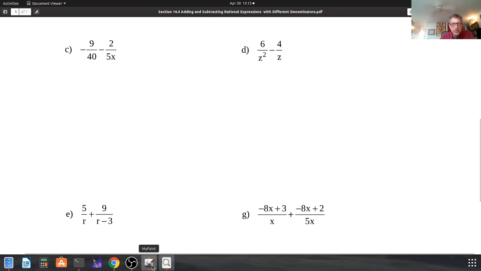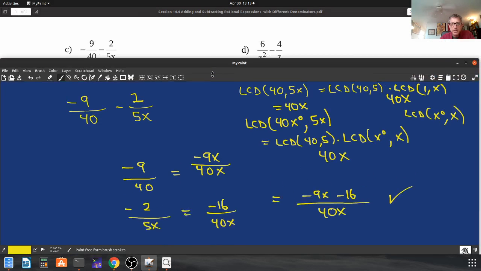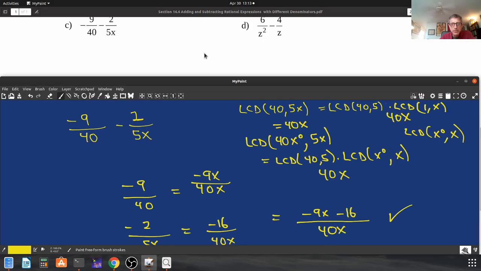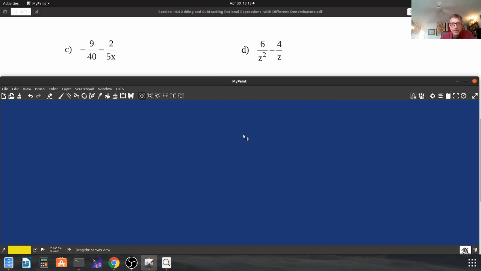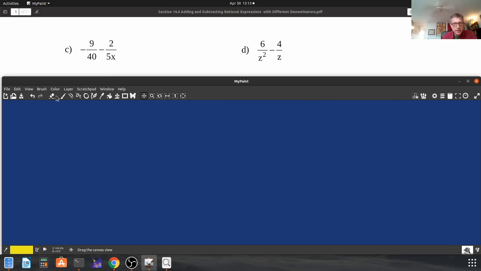Okay, so let's do the next one. This is 1D. So we want to add 6 over z squared and minus 4 over z. If you know different ways to do this, and you're getting the right answer, you continue on.